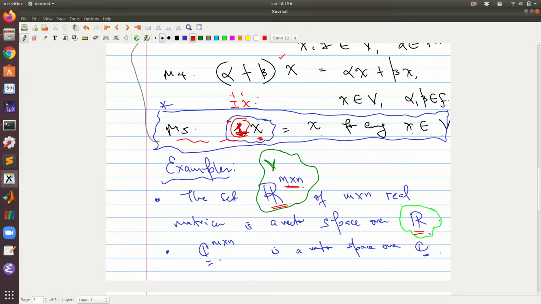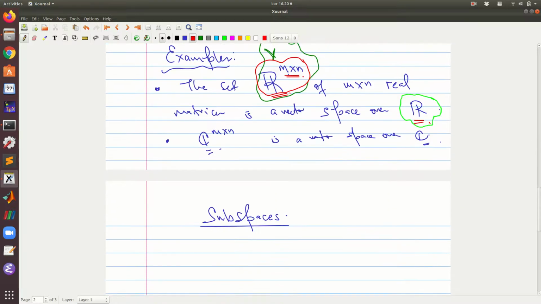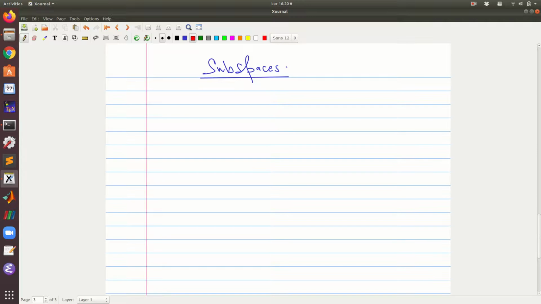But this is scalar multiplication, so I have the scalar 1 multiplied with the vector, in this case R^(m by n). It will still give us an R^(m by n) and exactly the same matrix. I am sorry about that, and maybe we can move on now to the section for today.